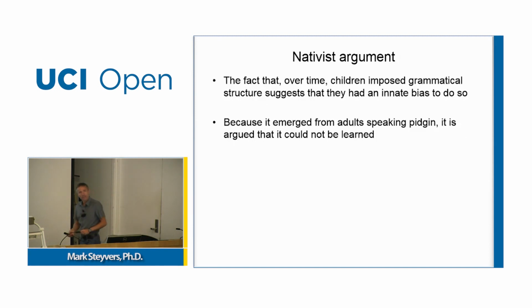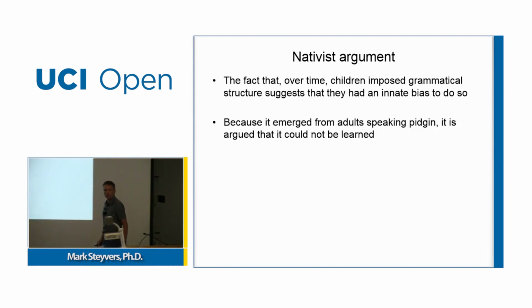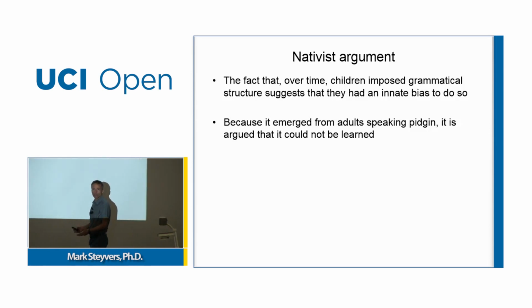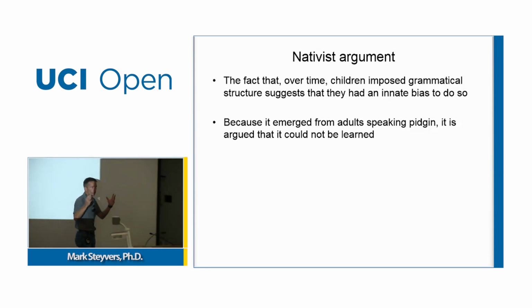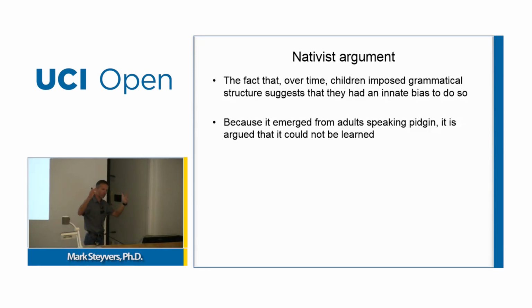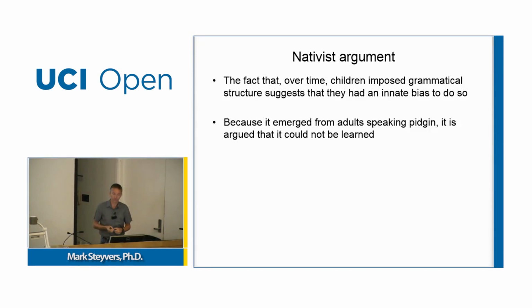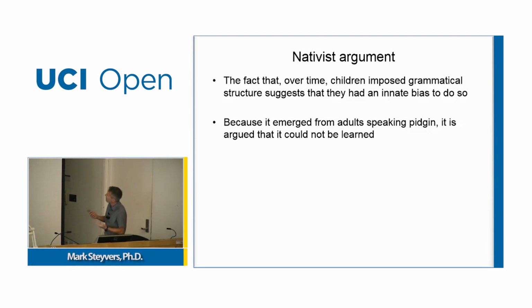And so this suggests, according to some researchers, that there must have been a biological predisposition to learn the grammar, or to learn the more abstract rules of grammar. That there's an innate bias to do so because they were simply not exposed to those rules to begin with.